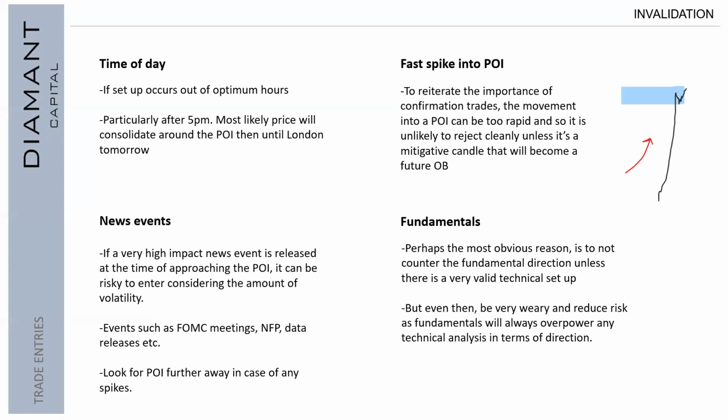It's unlikely to simply mitigate that area, but instead could play around with the liquidity just above, for example. So really consider price and the speed of it as well.